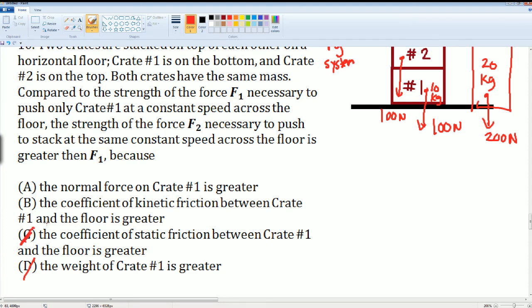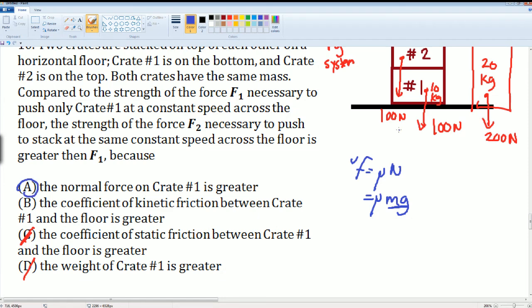Okay, so the normal force exerted by the floor on crate 1 is greater, which increases the frictional force. Okay, because remember the force of friction is defined as mu N, which is equal to mu mg. Okay, this all depends on the mass and the gravitational force. So the N will be greater on force 1.